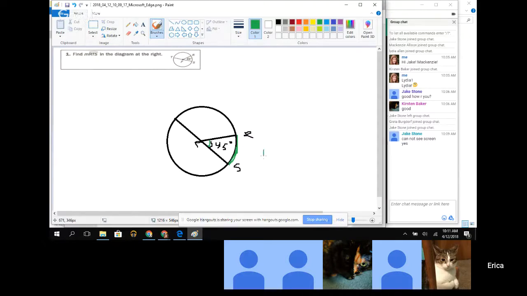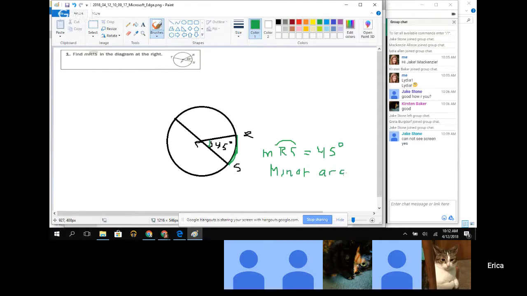And we would say the measure of arc RS is also 45 degrees. And because RS is less than 180 degrees, this is also known as a minor arc. So we're just reviewing what we did at the end of last class, minor arc.